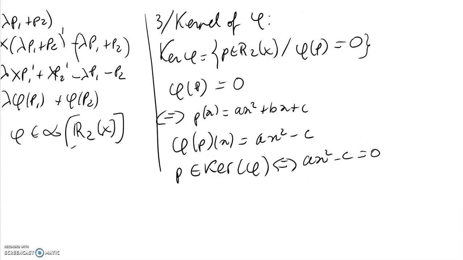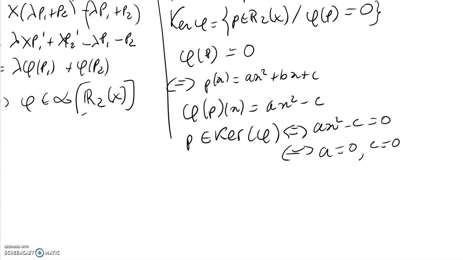So what does it imply? We know that it implies that a is equal to 0 and c is equal to 0. So what do we get? If p belongs to the kernel of phi, it means that p of x is the polynomial where a, the coefficient in front of x squared, is equal to 0, and the constant coefficient is equal to 0.